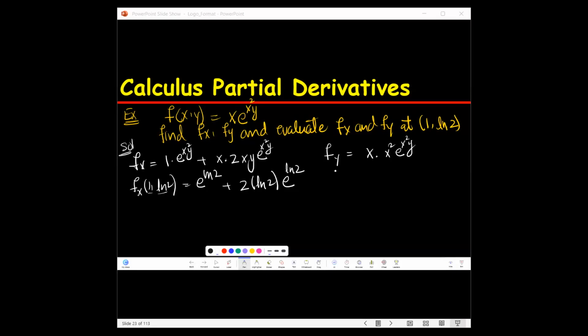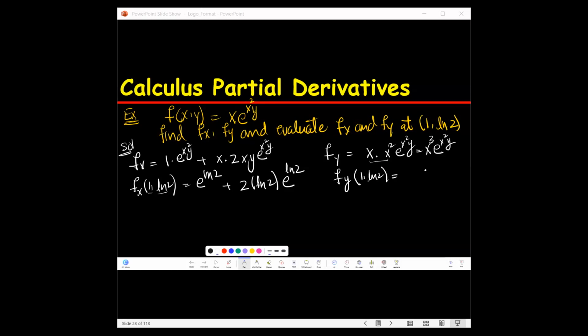In the derivative here, I'm going to write fy, and I can also write it like this. Since these two have the same base, I'm just going to add the powers, and e to the power x squared y. Now I'm going to substitute the value 1 comma ln 2.